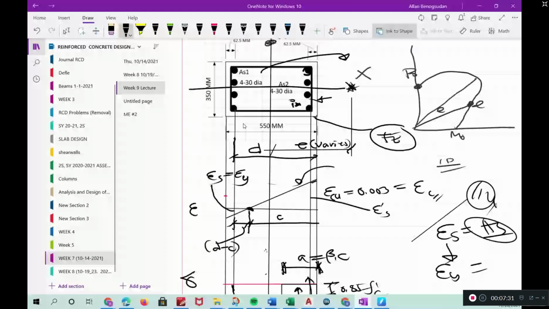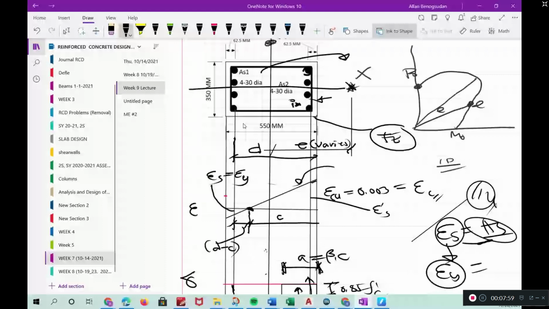Then, mga kasama. So, ibig sabihin, pag nagdi-design tayo lagi, nandun siya sa failure mode. Laging ganon. Kasi kung hindi ganon, you never anticipate what will happen when E sub S ay pareho doon sa yield stress nito.